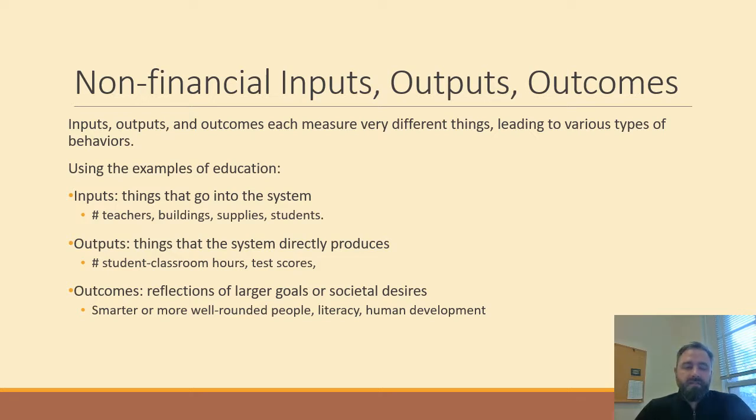Then the system creates outputs. So you could count the number of student classroom hours, you could measure test scores, you could measure grades. Okay, and then finally, outcomes are reflections of larger goals or societal desires. So an outcome could be smarter or more well-rounded people, literacy, some measure of human development.